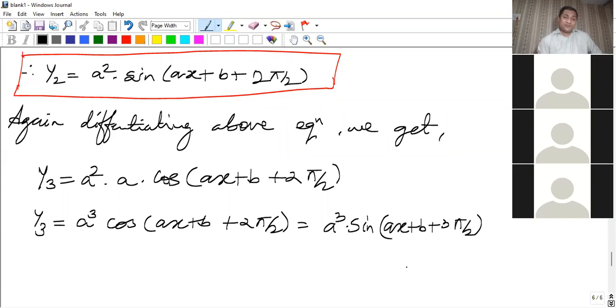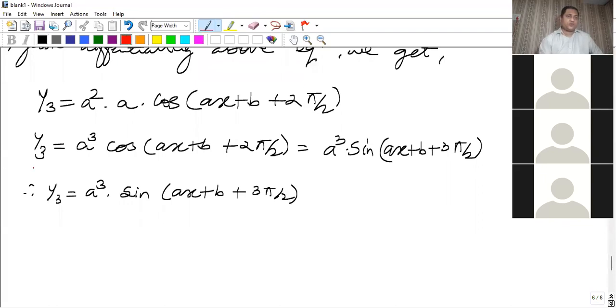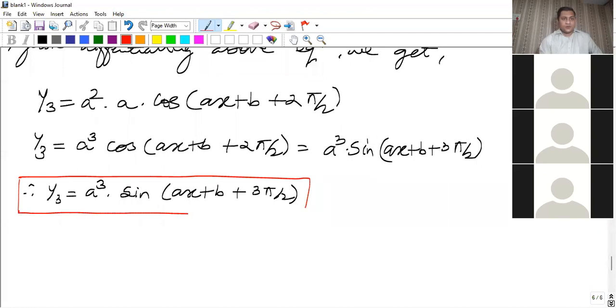Is that okay? That's great. So we got the third derivative as a cube sine of ax plus b plus 3 pi by 2. Now we go for the derivative again.